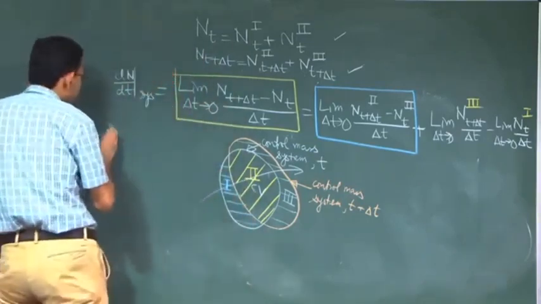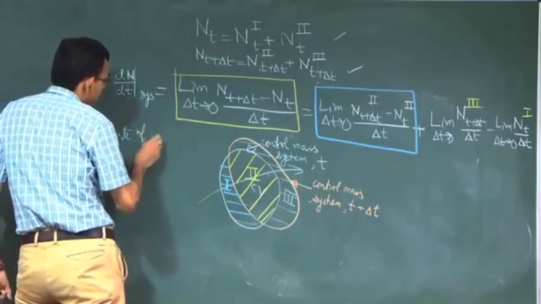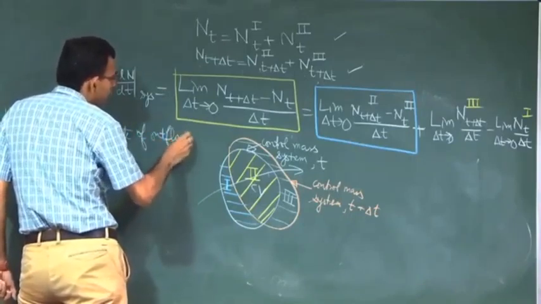So plus rate of outflow minus inflow of the property.